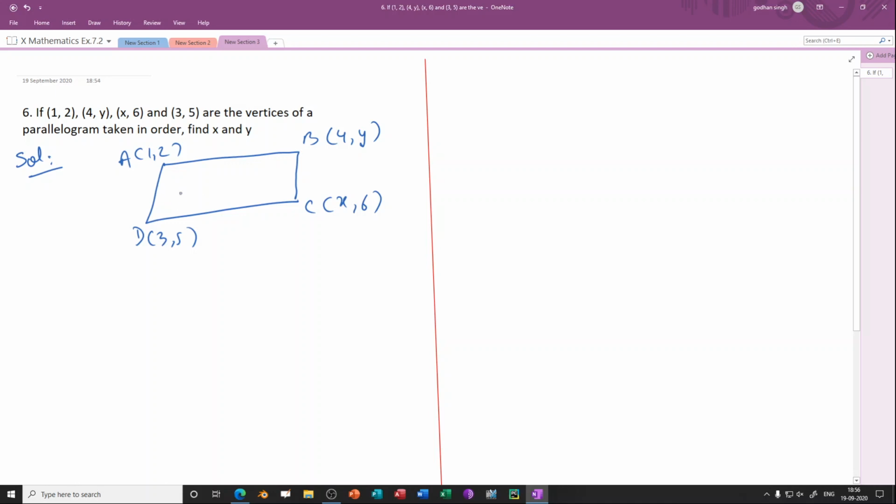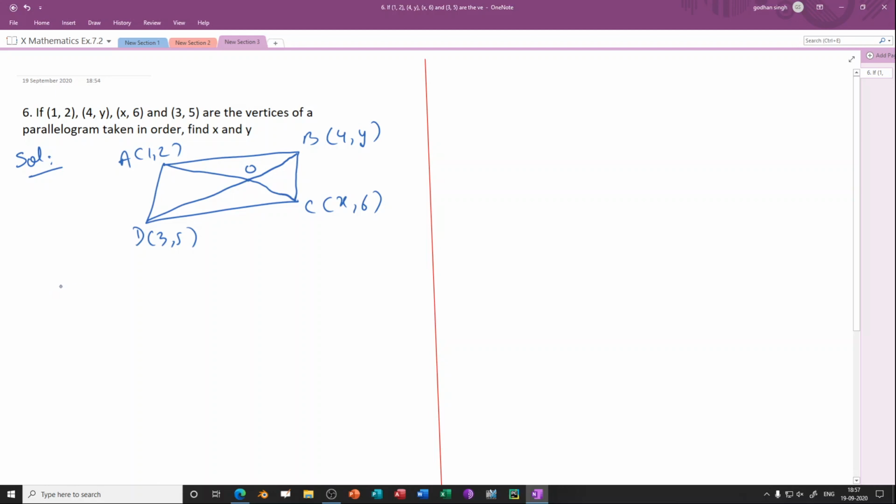So first step is that you join A and C. We'll just draw the diagonals AC and BD, and let this be say O. It is not the origin, just it is the point where the two diagonals are meeting.